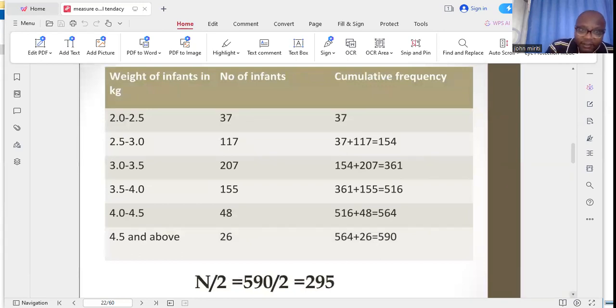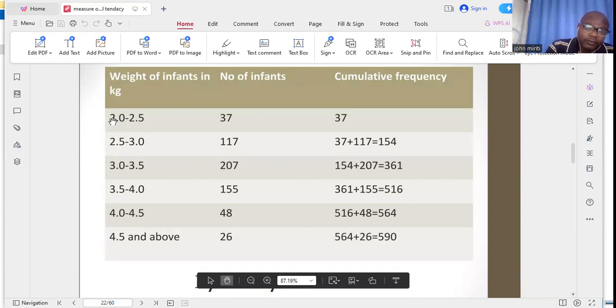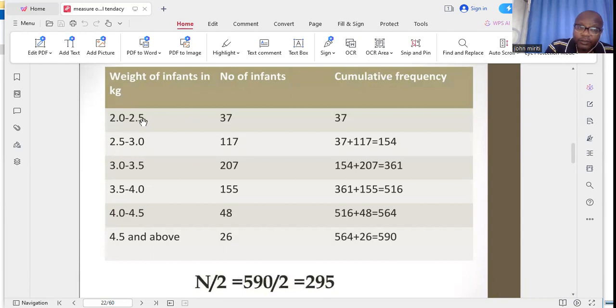In this case, we have a class where the lowest limit is 2.0, the highest limit is 2.5, sorry. The lowest limit in this class is 2.5, the higher limit is 3.0. The number of frequency is this. Then you add the cumulative. What happens here is that you see this one plus this class will be this 154.